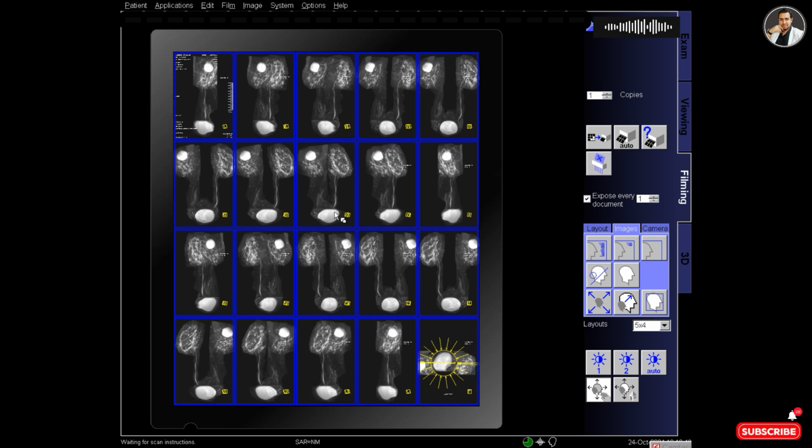This is a film for the 3D protocol, that is the T2 space respiratory trigger protocol, and these images are made from the 3D tab. These are actually the MIP images created from the 3D protocols.